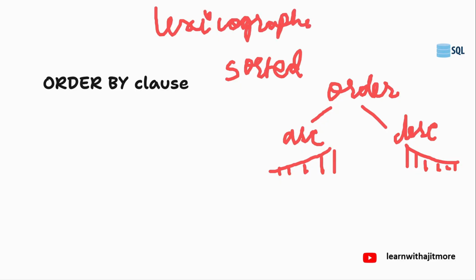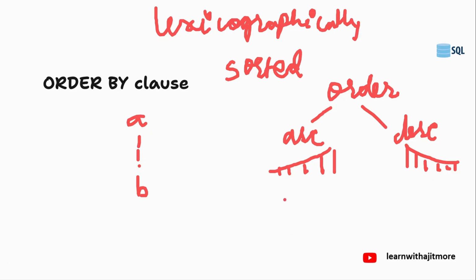Now you'll say what is lexicographically? Nothing complicated. It is just a technical English word. Lexicographically meaning alphabetically. Alphabetically means you're understanding, no? All names starting with A will come first, then all names starting with B. Then in A only there are multiple, then their second letter is checked.